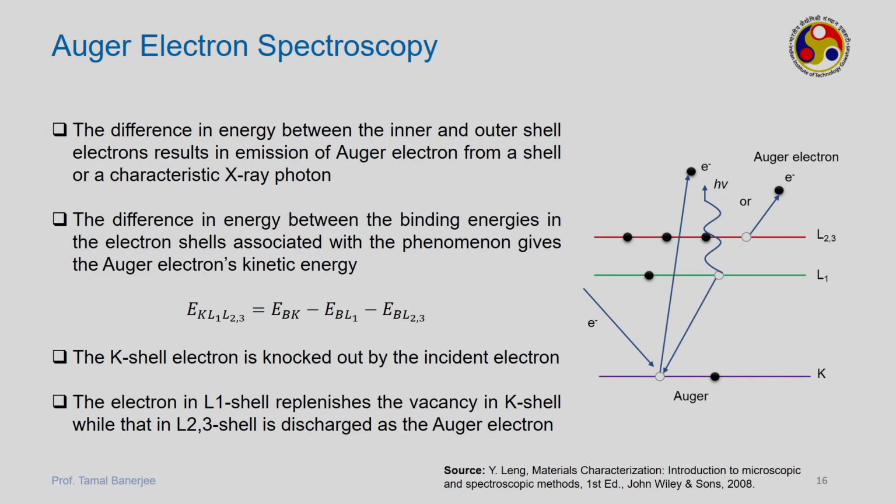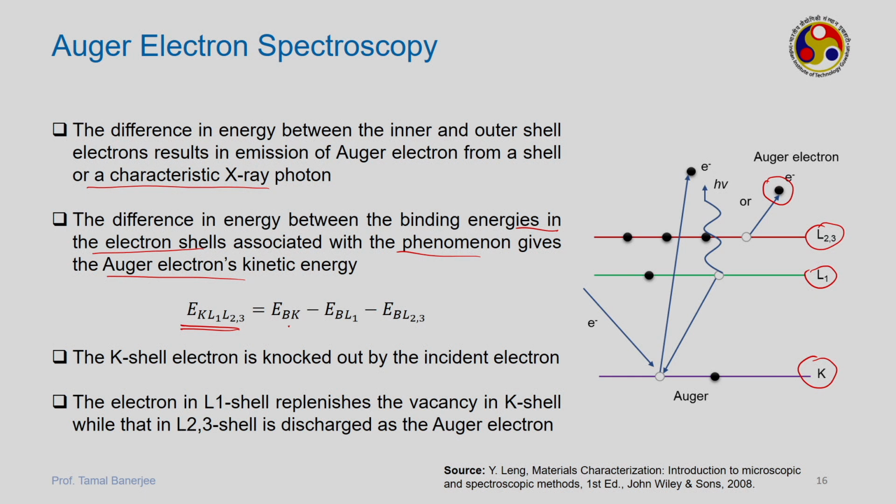In this way also this is a KLL. Just now I told you the difference in energy between the inner and outer shell electrons results in the emission of an Auger electron from a shell or a characteristic X-ray photon. The difference between the binding energies in the electronic shells associated with the phenomenon gives the Auger electron's kinetic energy. So, from the K shell binding energy you subtract this and this to get the kinetic energy.